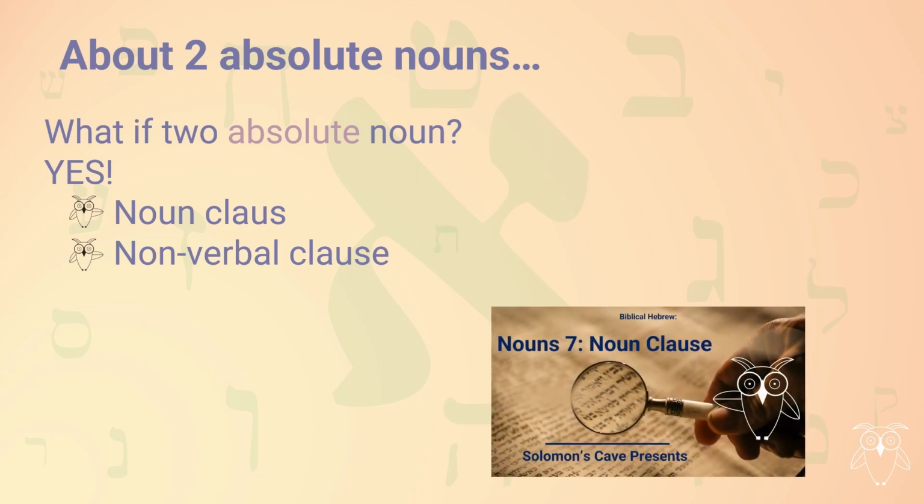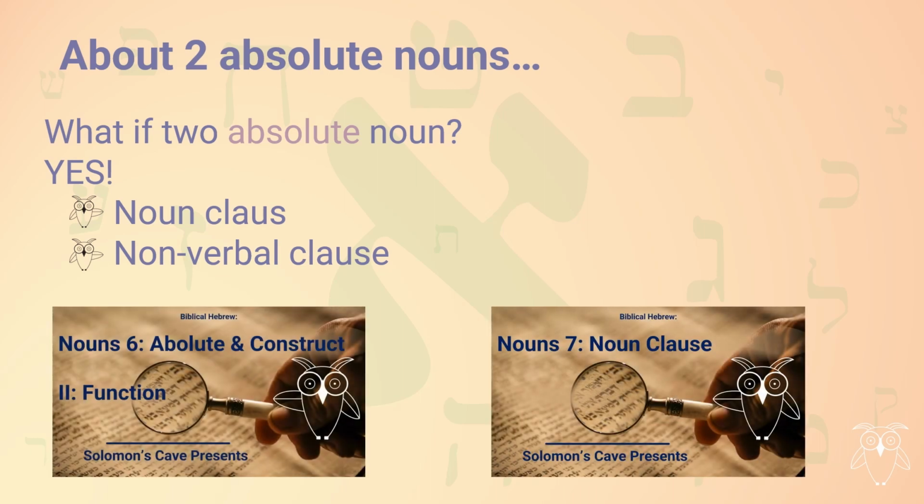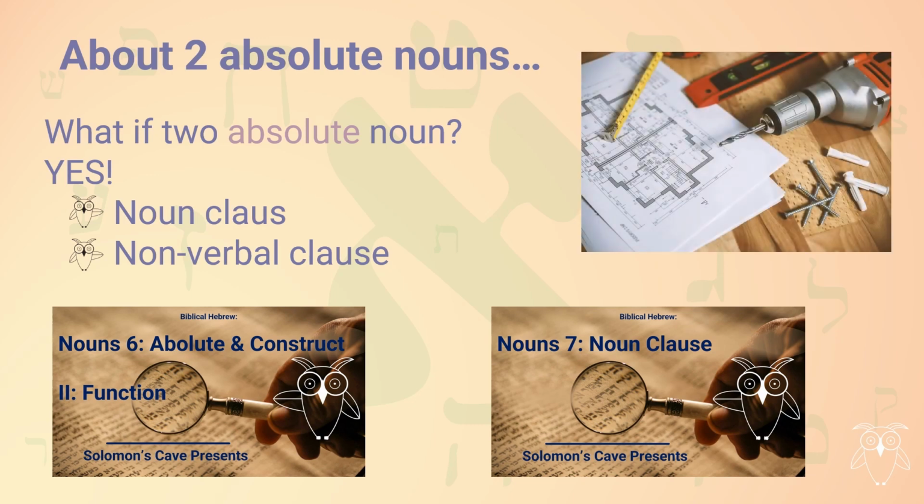These two videos together, this one and the next one, can be seen as a sort of blueprint of two key grammatical principles. Understanding these grammatical principles well, as in understanding what it means if a construct noun precedes an absolute noun, and what it means if an absolute noun precedes another absolute noun, is of vital importance for understanding Hebrew grammar.